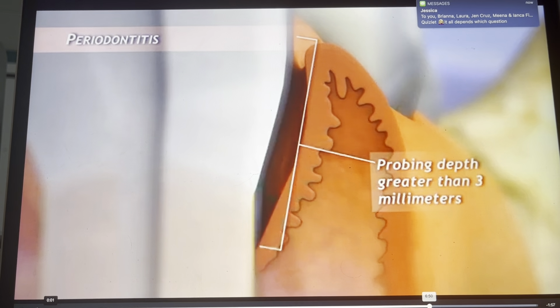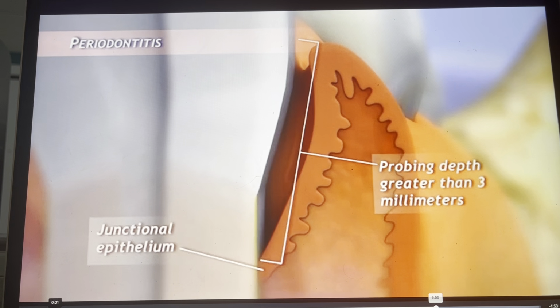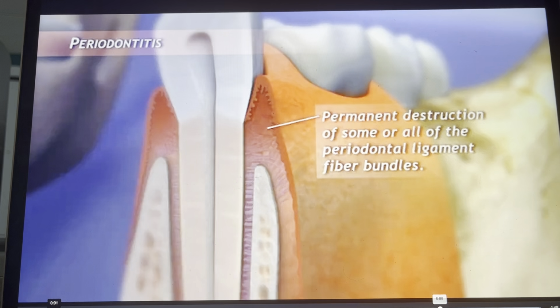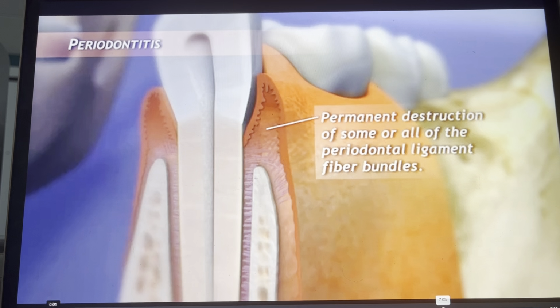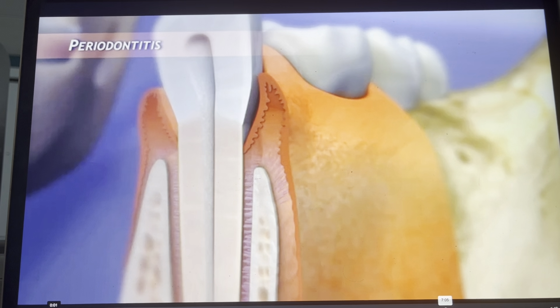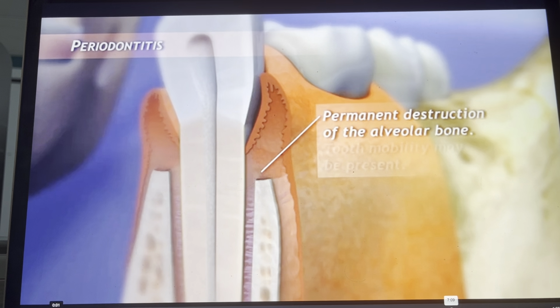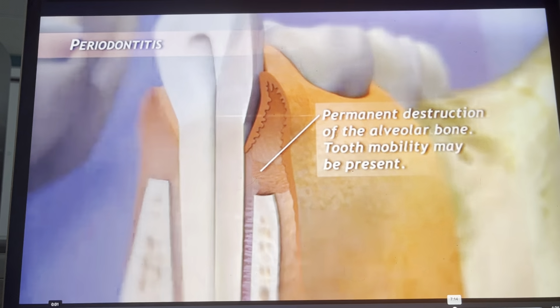Probing depths are 3 millimeters or greater in depth because the junctional epithelium is attached to the root surface. There is permanent destruction of some or all of the periodontal ligament fiber bundles. There is permanent destruction of the alveolar bone that supports the teeth. Tooth mobility may be present.